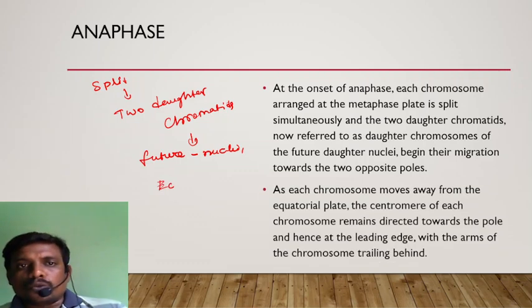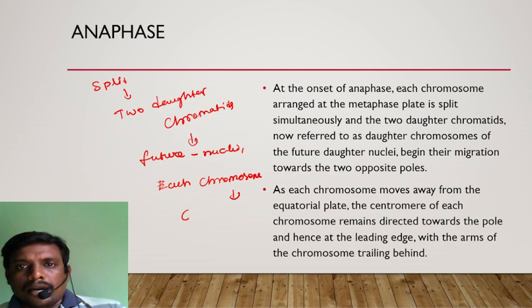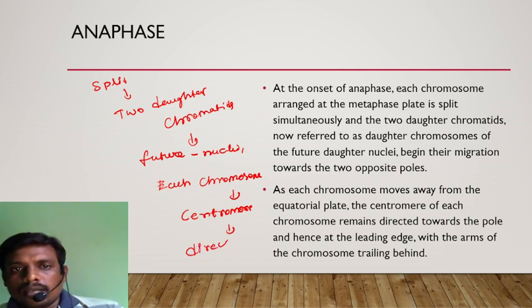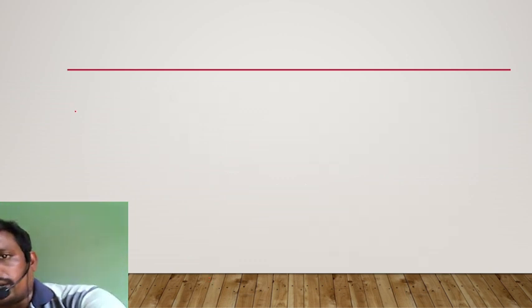As each chromosome moves away from the equatorial plate, the centromere of each chromosome remains directed towards the pole, hence leading, with the arms of the chromosomes trailing behind.